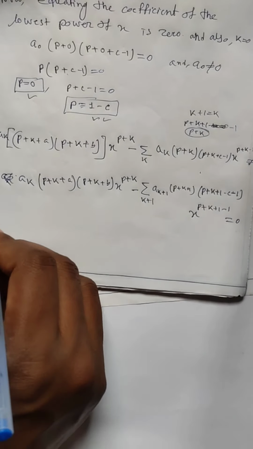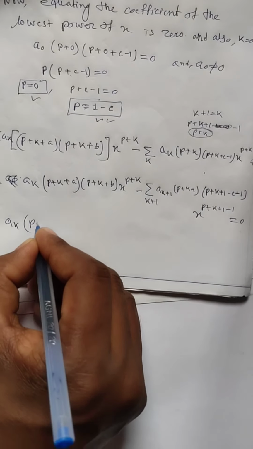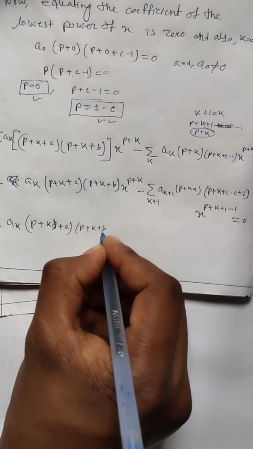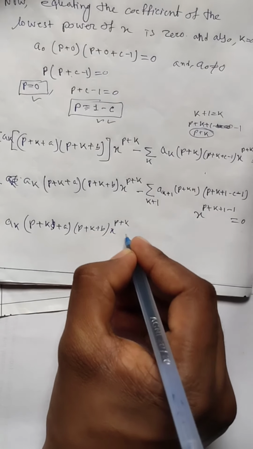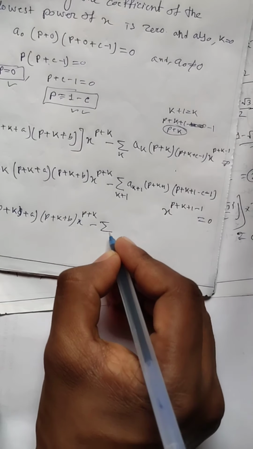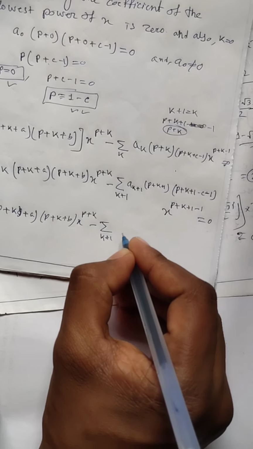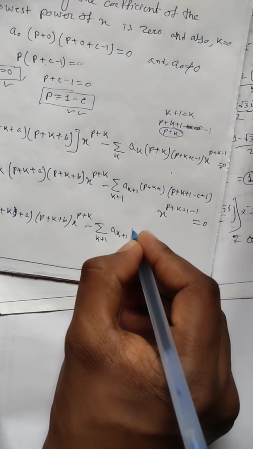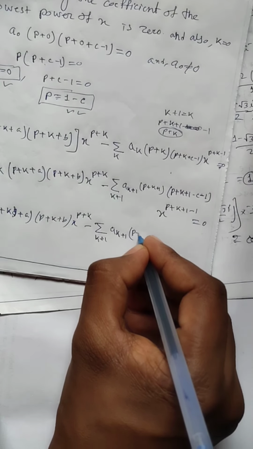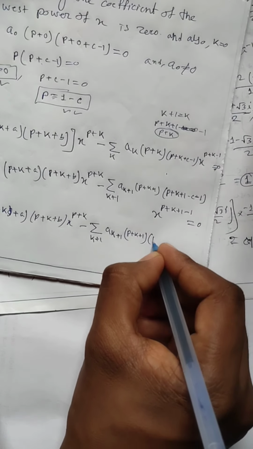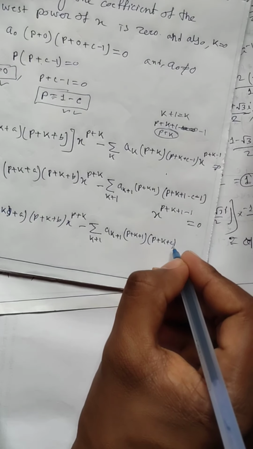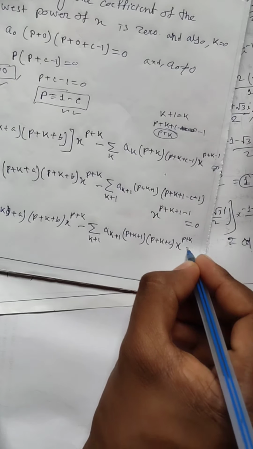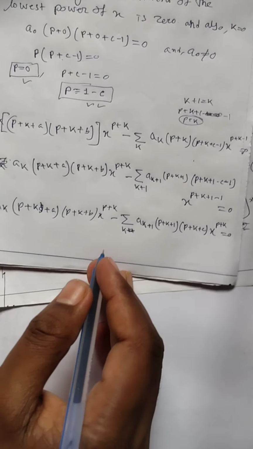Therefore we can write k, ak (p plus k plus a)(p plus k plus b) x to the power p plus k, minus (k plus 1)(p plus k plus 1 and p plus k plus c), plus 1 minus 1 will be cancelled out, into x to the power p plus k is equal to 0. This is k, only k.